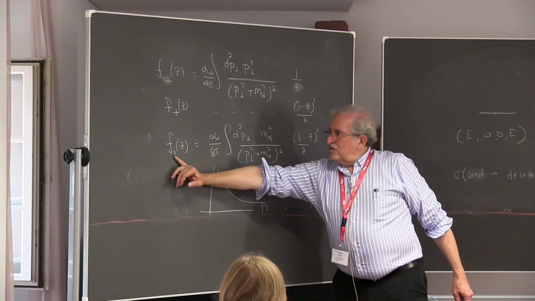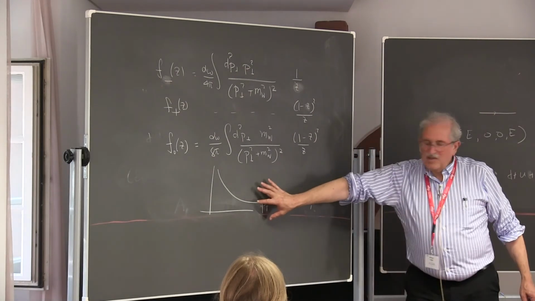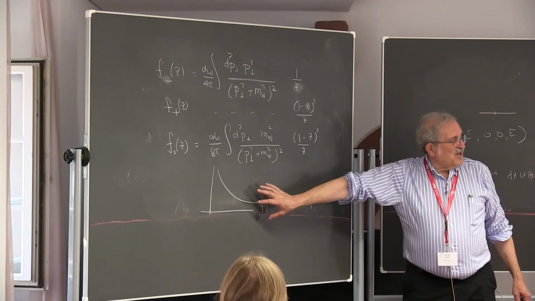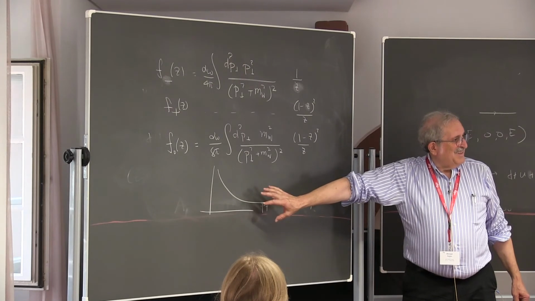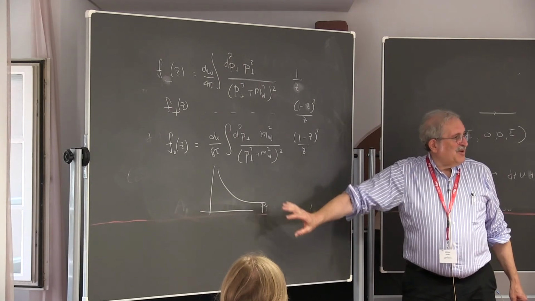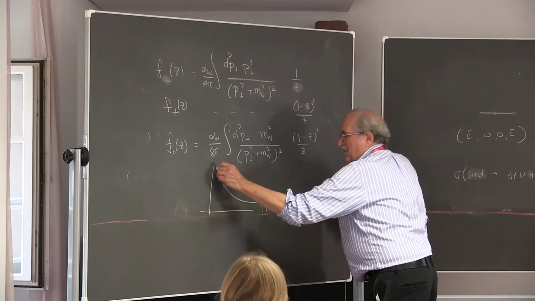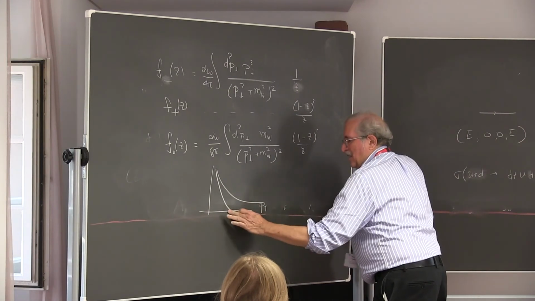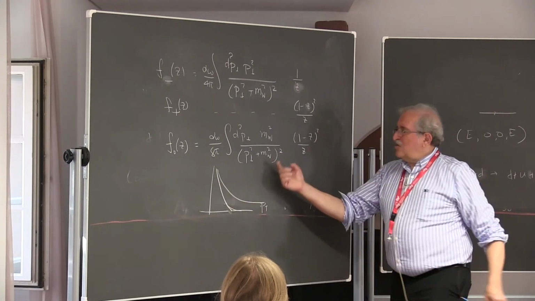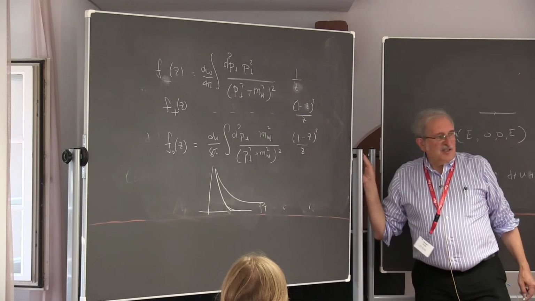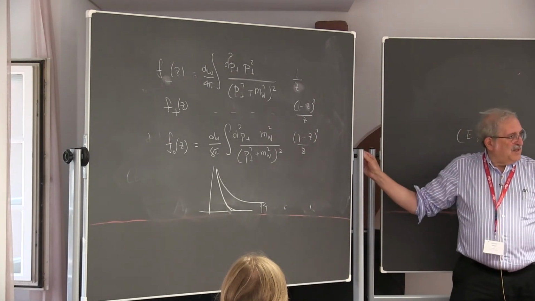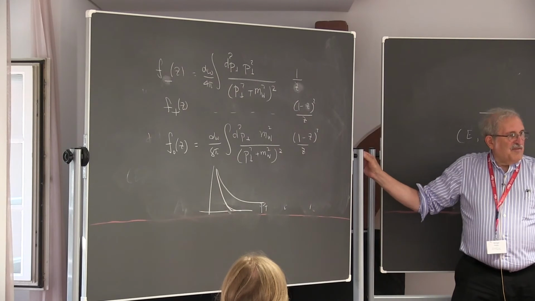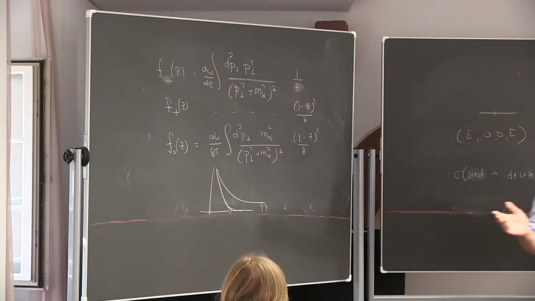For the longitudinal W, when you get out in this region, the Goldstone boson equivalence theorem has started applying. And so the W can never get there. It's cut off more sharply, and in fact, this distribution is integrable as pt goes to infinity. But nevertheless, it's a finite result.